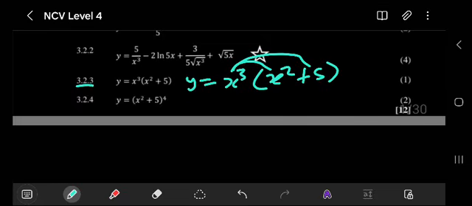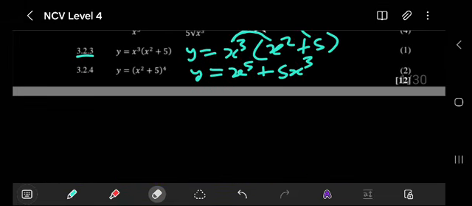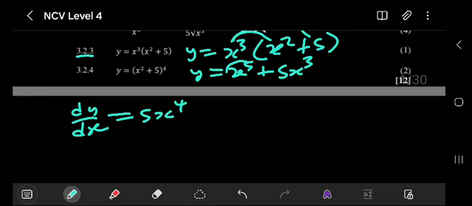If you distribute, there will be x raised to the power of 5, plus 5x raised to the power of 3. Then you can simply now take dy over dx of that. Drop the exponents, will be 5x, you subtract 1 will be 4. Drop the exponents, that will be 15, minus 1 will be 2, like this. So this is what it is.